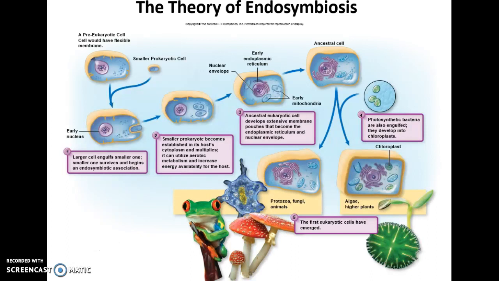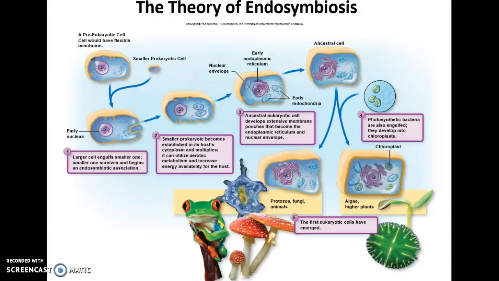Alright, your first section is 4.1, and it says the history of eukaryotes. And this is a picture from a different textbook because your textbook doesn't give you a figure. And this is really describing the evolution of eukaryotic cells.